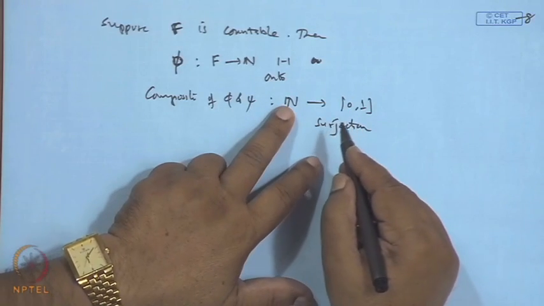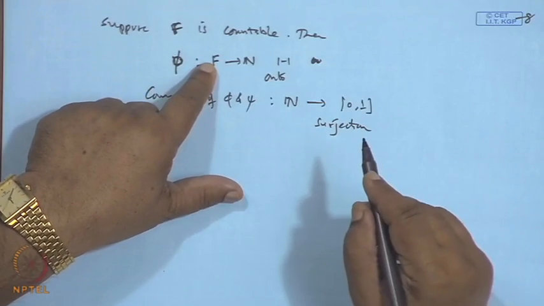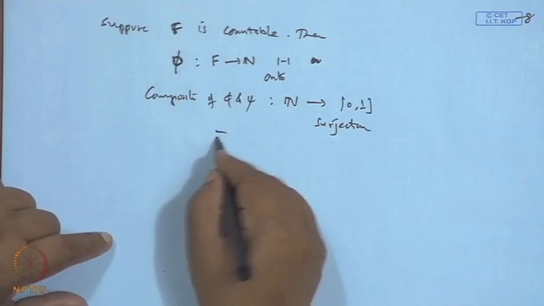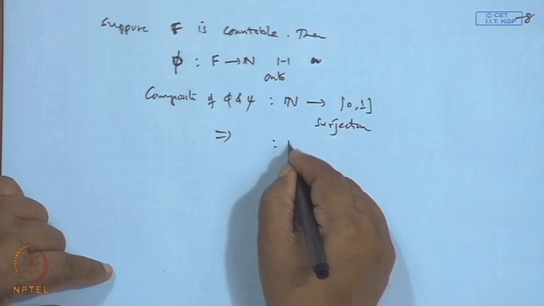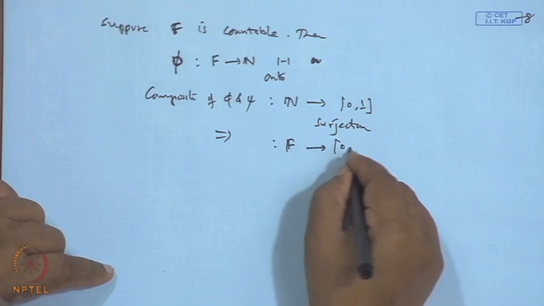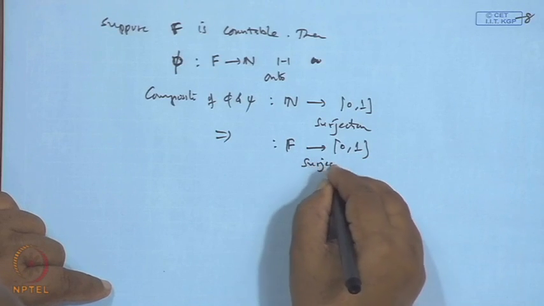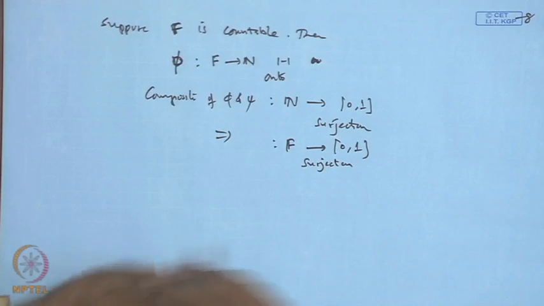So if we assume F to be countable, then this implies that there is a mapping from N onto [0, 1], a surjection.